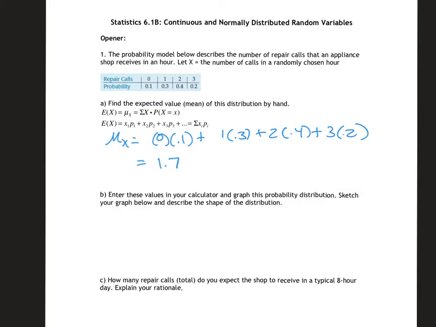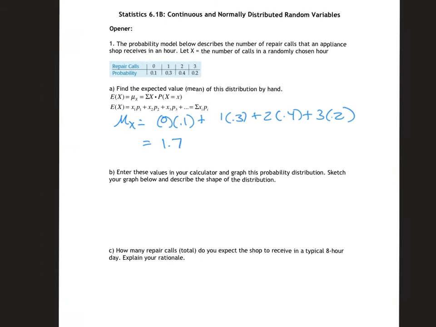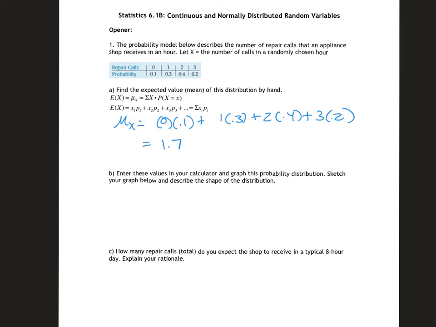Then, if we knew on average 1.7 calls per hour, how could we use that to say how many calls we expect in a typical 8-hour day? On average, we would expect 1.7 times 8, or 13.6 calls in an 8-hour day. So that was the expected value piece, again, expected value being that population mean, mu of x.